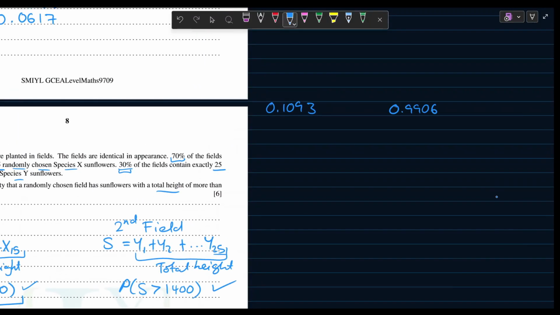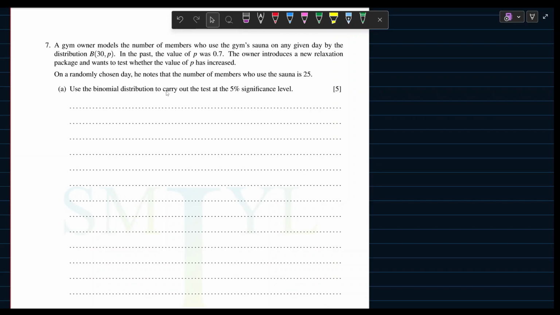There's a 70% chance that we select the first type of field, and a 30% chance that we select the second type. So that becomes 0.1093 multiplied by 0.7 plus 0.9906 multiplied by 0.30, which gives us a final answer of 0.374.